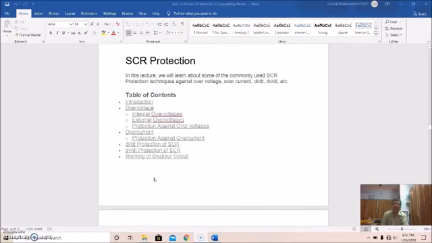There are different protections of SCRs like overvoltage, overcurrent, DIDT protection, DVDT protection, etc. And for these connections, we have discussed how the snubber circuit is useful for protection against DVDT, etc. Now we'll discuss in detail these types of protections.